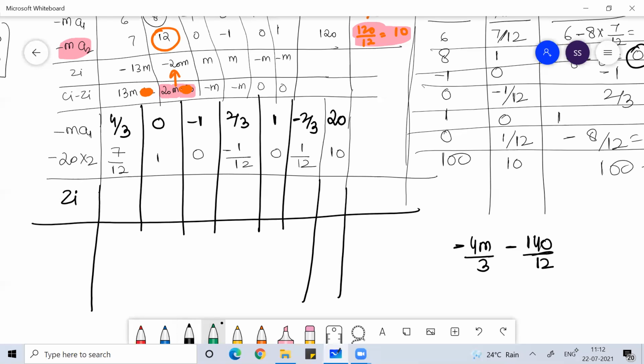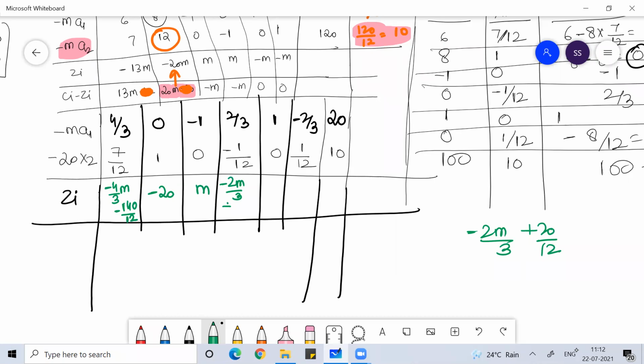This would be minus 20. Then this would be m. Then this would be minus 2m by 3 plus 20 by 2.